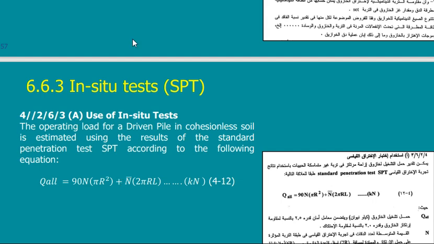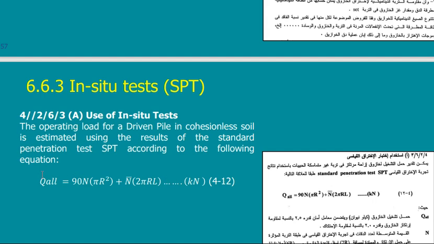So I don't want to take a risk. If I calculate Q allowable using this equation, and it gives me the value for driven piles, and somebody asks what would be the value for a similar pile constructed as a bored pile, I will take half of this value to be on the safe side. It may be more than half, but I will not go more than that.